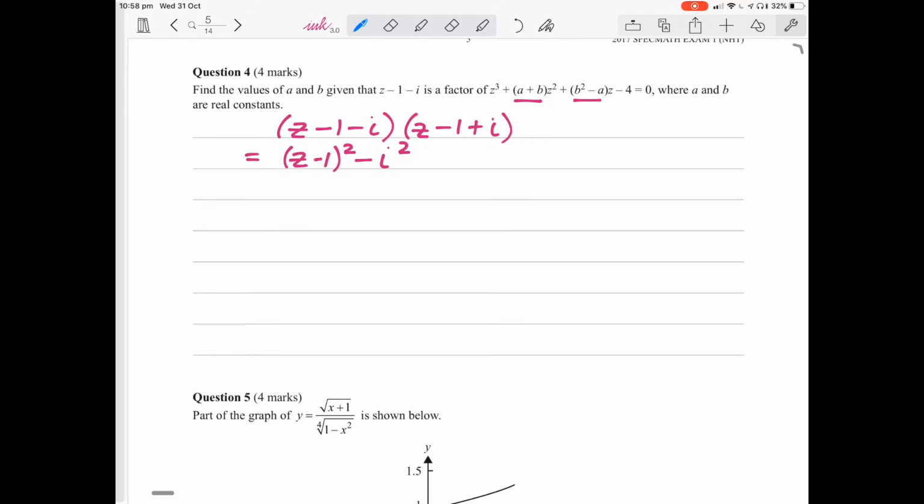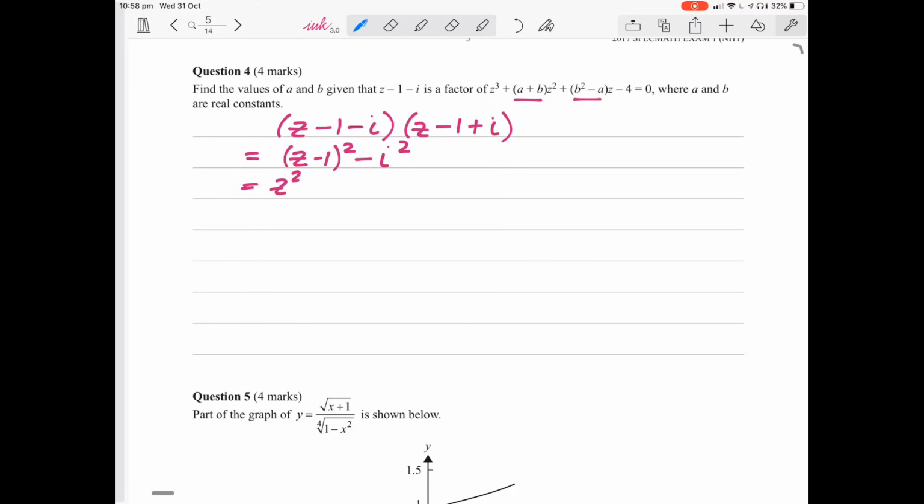which we know is z squared minus 2z, and then plus 1. And minus i squared is plus another one, which is z squared minus 2z plus 2.